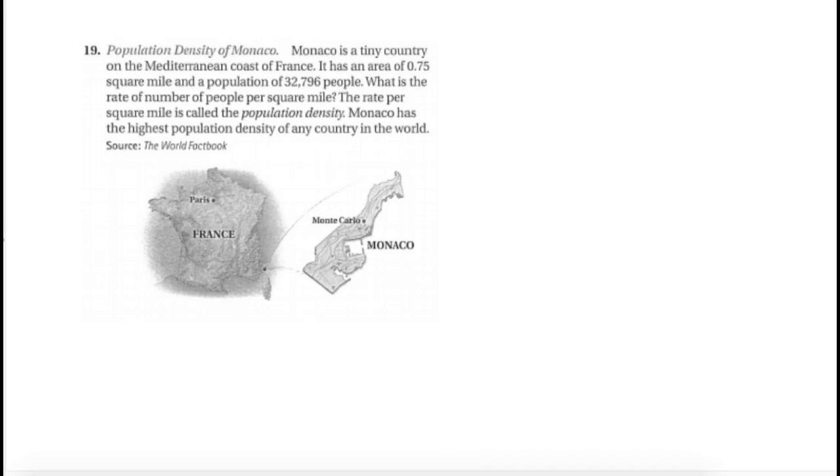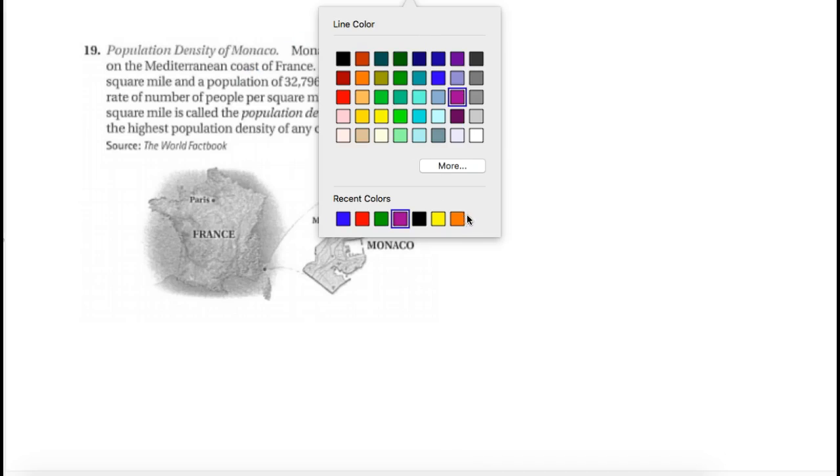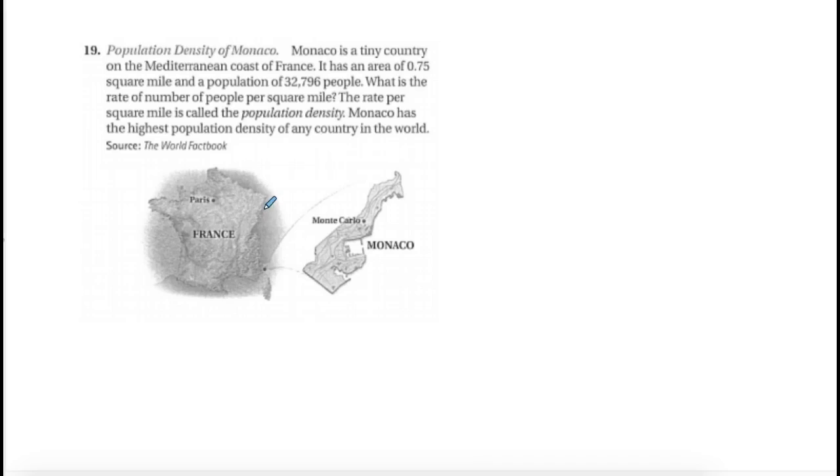Sometimes you're going to see a big long word problem. We have to figure out what we're looking for. So we're going to start by reading the last sentence. I know, that sounds weird. What it's asking us for is, here's my question mark, the rate of number of people per square mile.